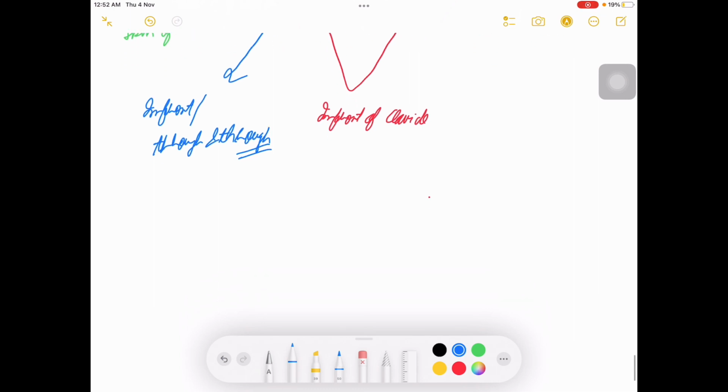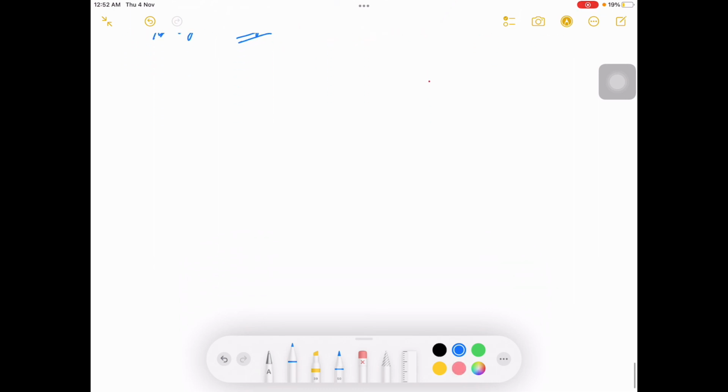So like that. Now you need to know certain nerves with respect to their relation to the sternocleidomastoid. So let's divide it into upper 1/3, middle 1/3 and lower 1/3.